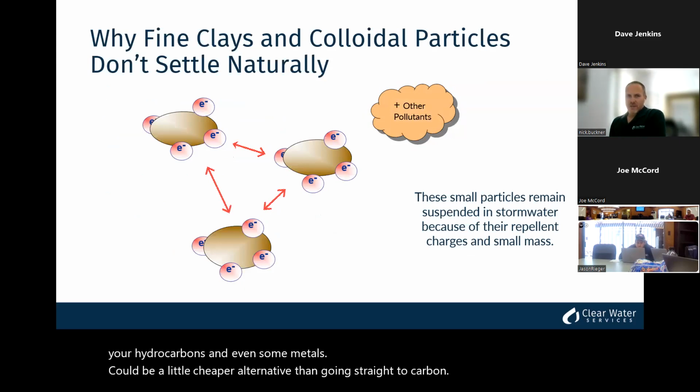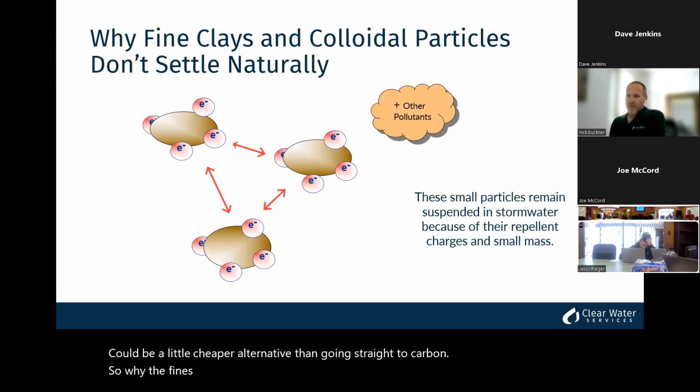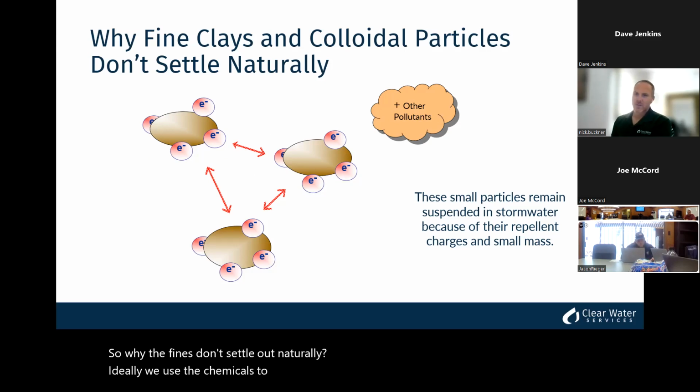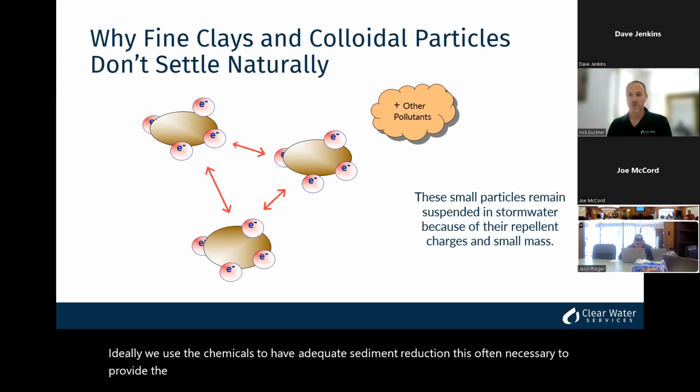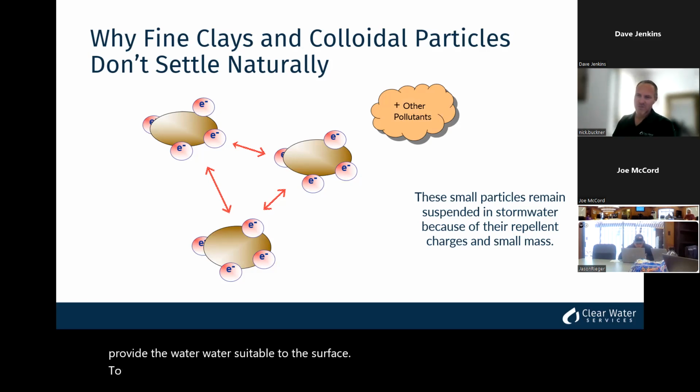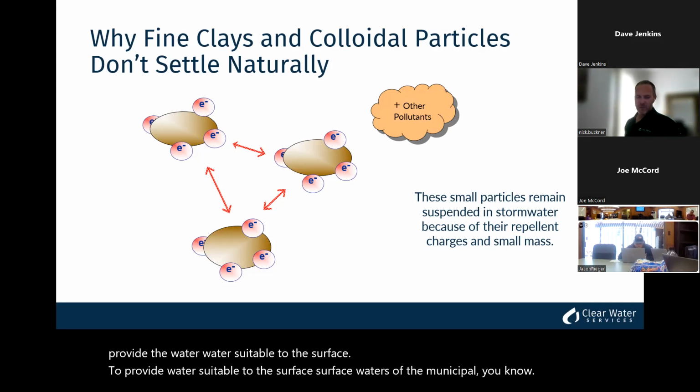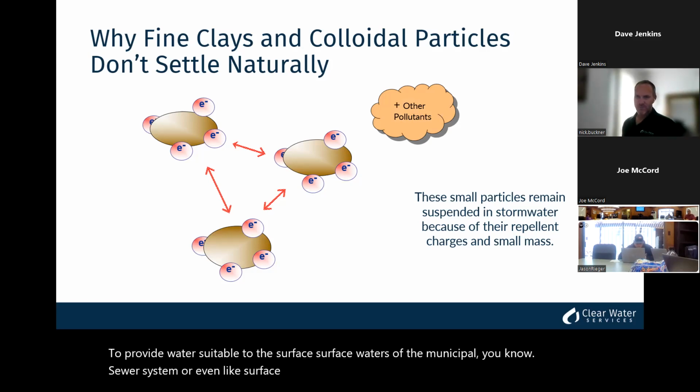So why don't the fines settle out naturally? Ideally, we use the chemicals to have adequate sediment reduction. This is often necessary to provide water suitable for the municipal sewer system or even surface waters, right?